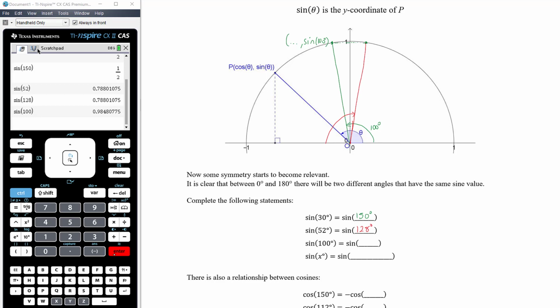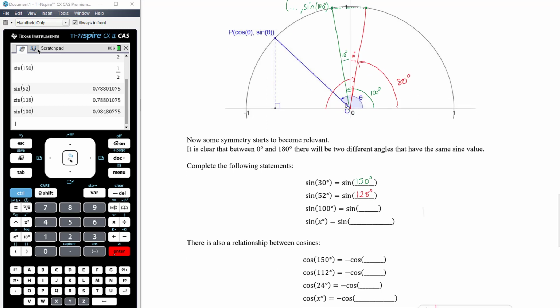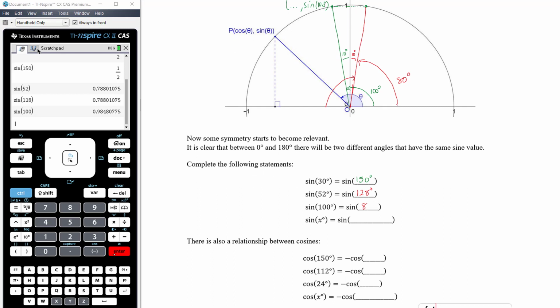You could think about the fact that this has to be 10 either side of here for them to be in the same position. Either way, we know that the angle there, the position in the unit circle, always measured anti-clockwise from the positive x-axis, is going to be 80 degrees. And so therefore sine of 100 degrees is the same as sine of 80 degrees.